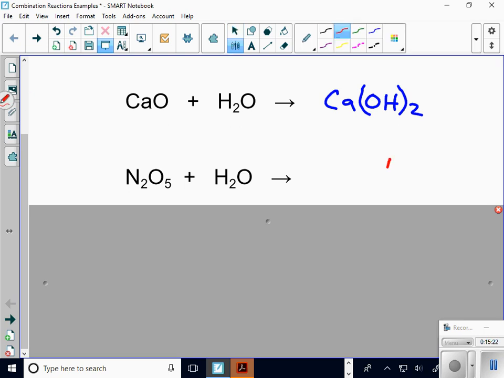Nitrate is NO3, and what's its charge? 1 minus. So what would the acid be with this nitrate? HNO3, and that would be nitric acid. So I have my oxyacid that is formed.